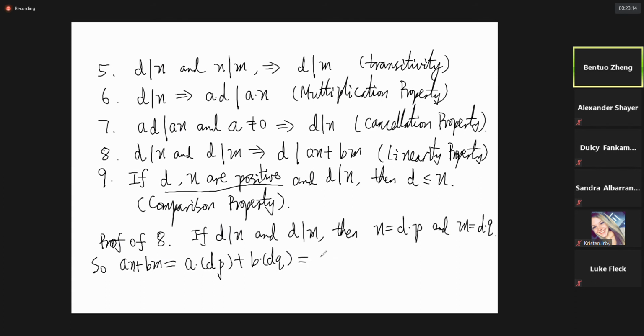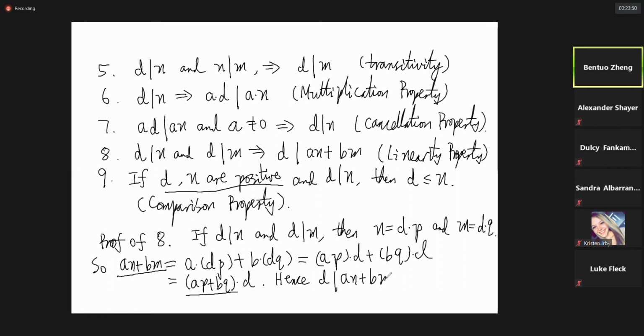So this is equal to ap times d plus bq times d, and then this is equal to ap plus bq times d. So this number an plus bm is equal to ap plus bq times d, and d divides an plus bm. By definition.